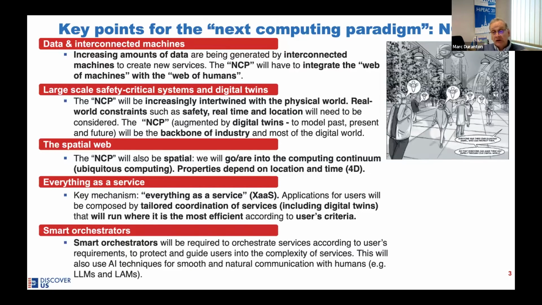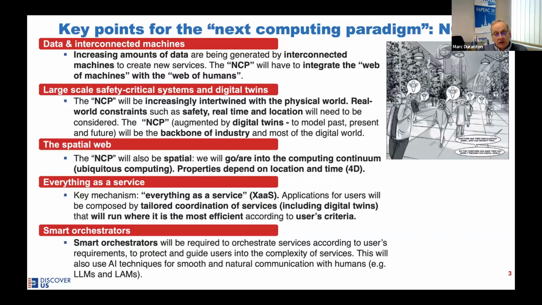And the last element, of course, is the orchestrating system, the smart orchestrator, which, according to your requirements, selects which services will be used. So sometimes you want to have a short latency, so then you could perhaps use a paid service.